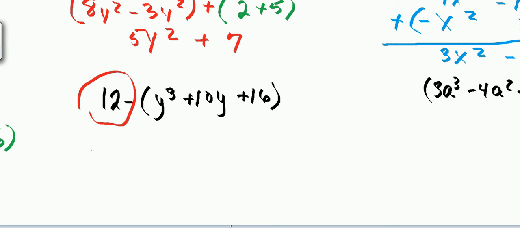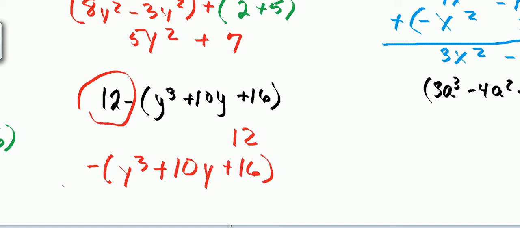This monomial is merely 12. So I am just going to combine my like terms. I'm subtracting it. Let's do this one vertically. So I've got 12, and I'm subtracting, I've got y cubed plus 10y plus 16.